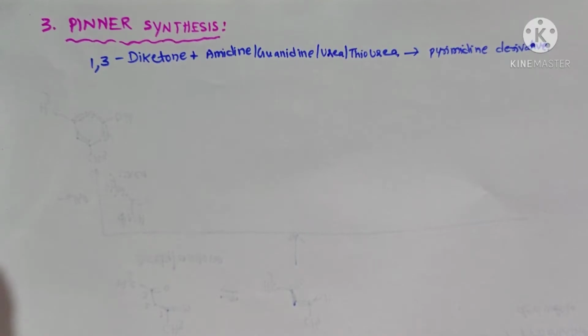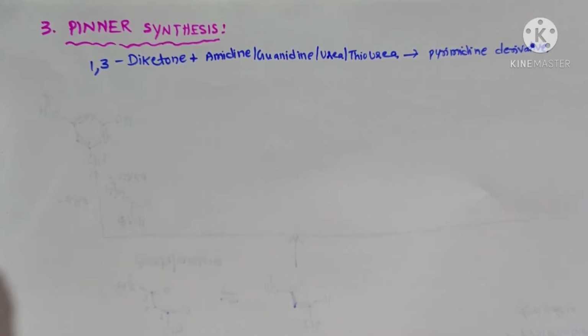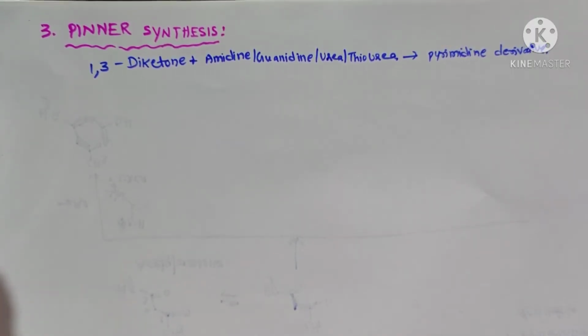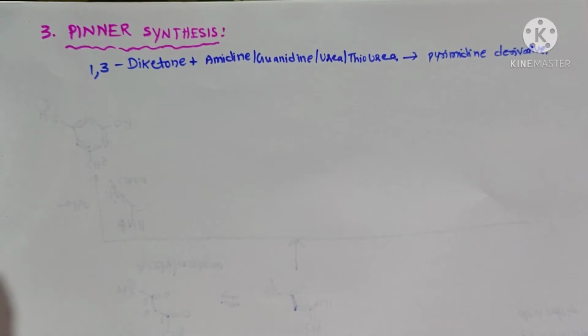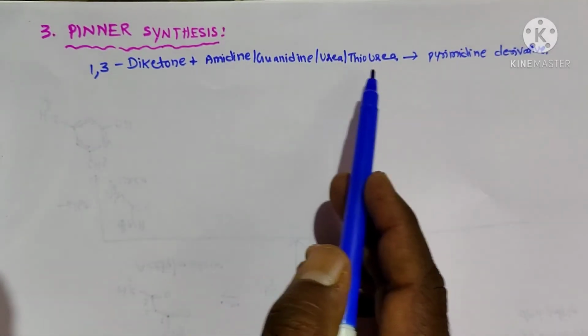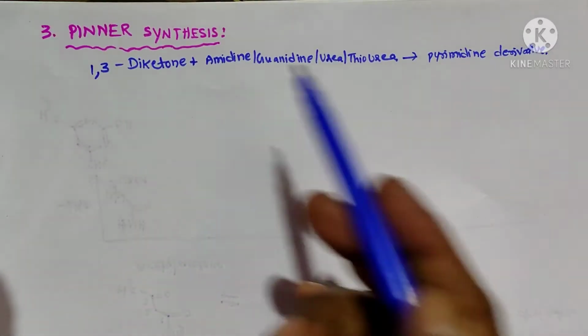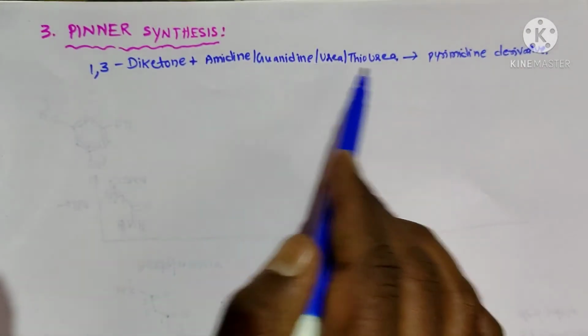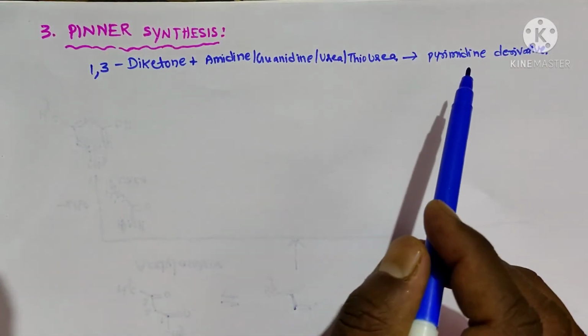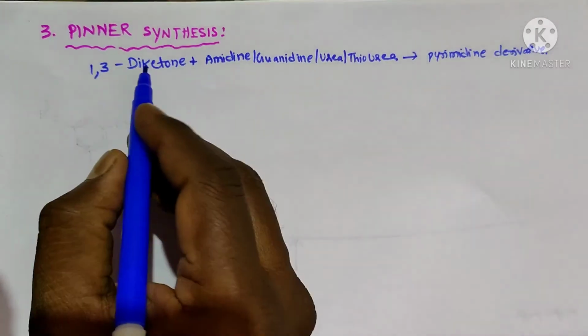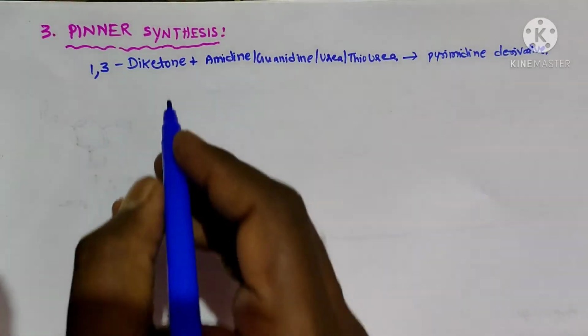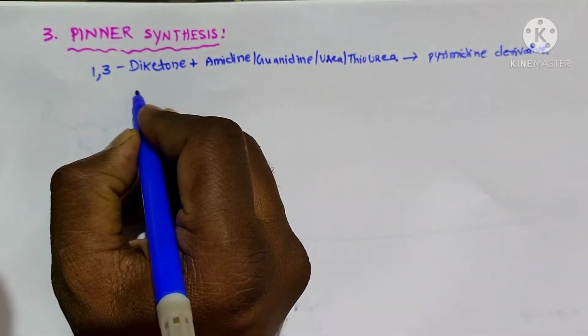We discuss the third preparation method, that is the Pinner synthesis. In Pinner synthesis we make use of a 1,3 diketone and allow it to react with either amidine or guanidine or urea or thiourea, and according to this second reactant we get the pyrimidine derivative. As a best example for a 1,3 diketone, we may take acetyl acetone.